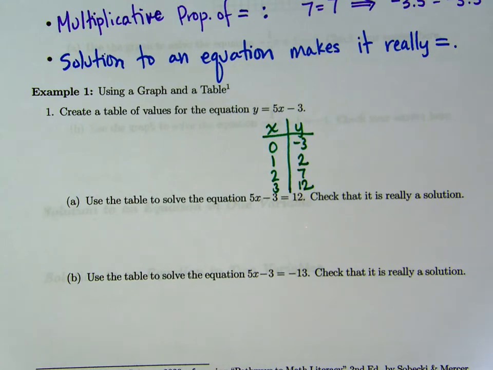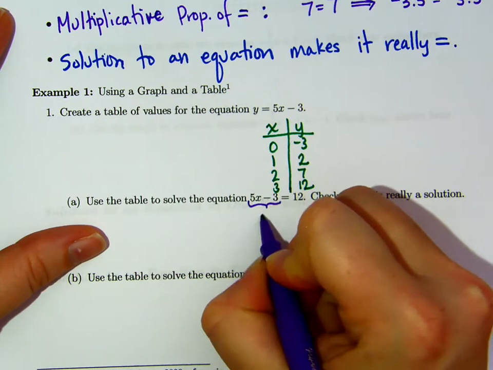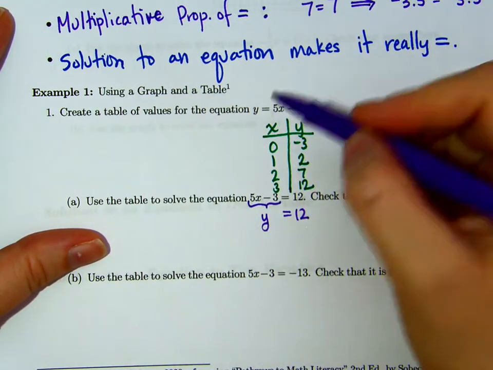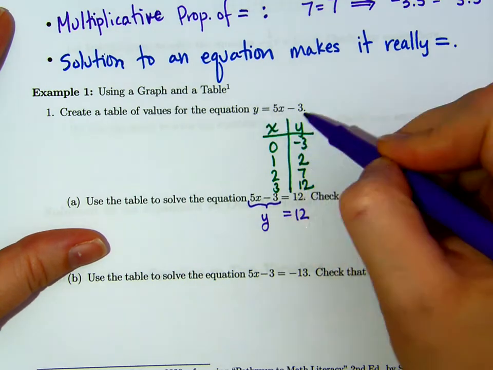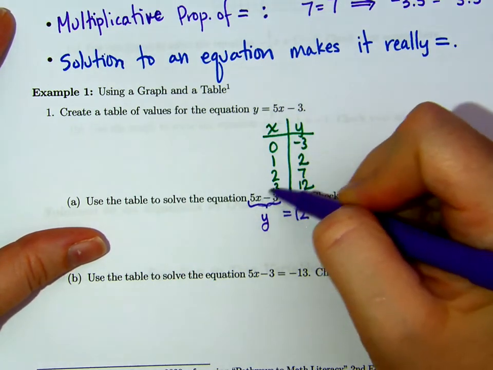Use the table to solve the equation 5x minus 3 equals 12. Okay, well, this is really saying y is equal to 12, because up here we said that y is equal to 5x minus 3, so that must mean 5x minus 3 is equal to y.